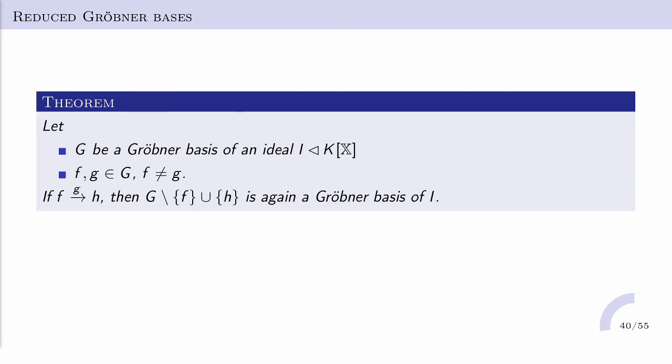The means for that are provided by this theorem, which says that if we have any Grobner basis and we find two distinct elements f and g of this Grobner basis, then we can reduce f modulo g to some new polynomial h, and if we replace f by h, so we remove f but we append h, then what we get as a result is again a Grobner basis of the ideal I. So any element of a Grobner basis can be replaced by its remainder modulo other elements.